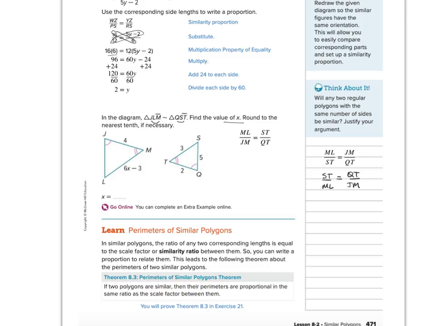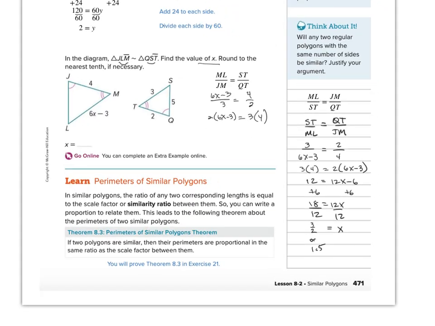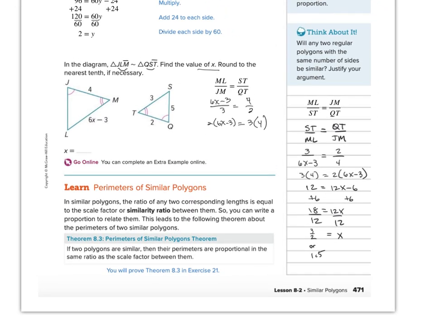So with that, okay, so if we filled this out now, as long as we're consistent with our ratios, this over this, this over this, we would come up with the cross product property of 2 times 6x minus 3 equals 3 times 4.